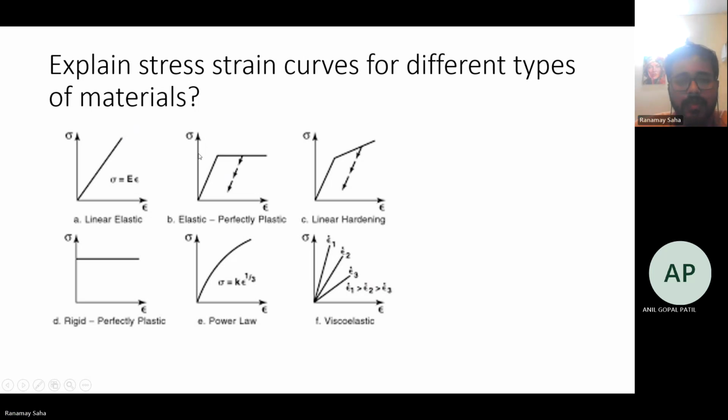Then comes an elastic, perfectly plastic material. The material behaves elastically up to the elastic point, and then it goes into the plastic region. What are these arrows?